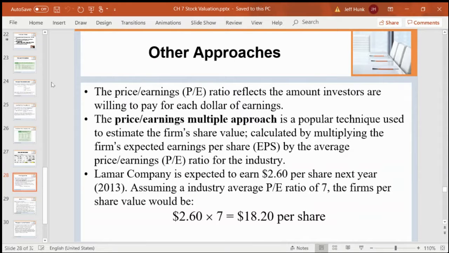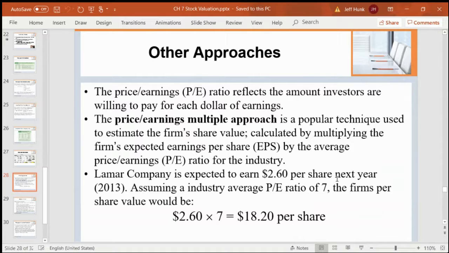So all these models actually came out in the 1950s, and the birth of these discounted cash flow models was Gordon. I forgot his first name, but not Robert Gordon.